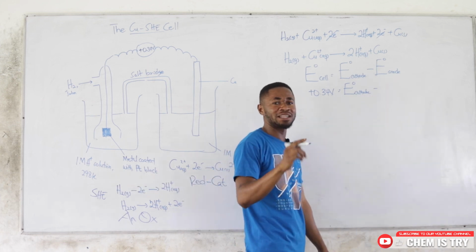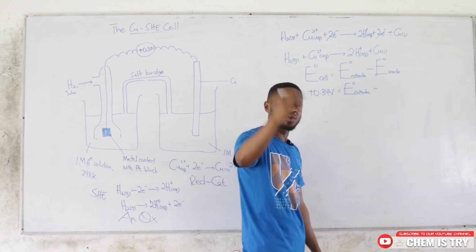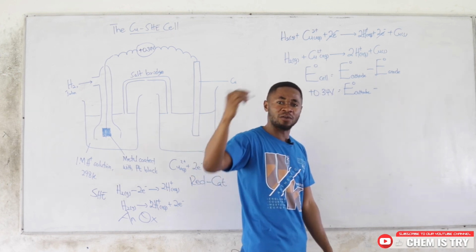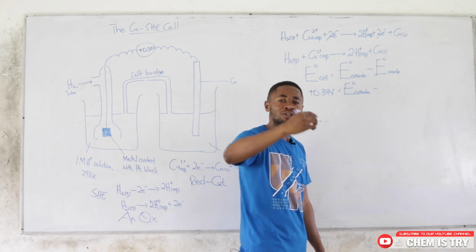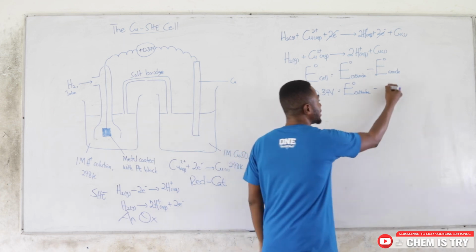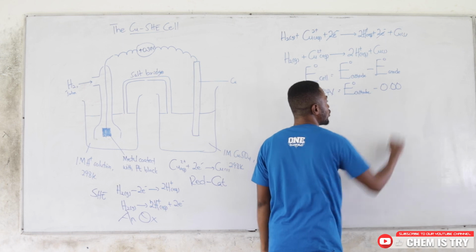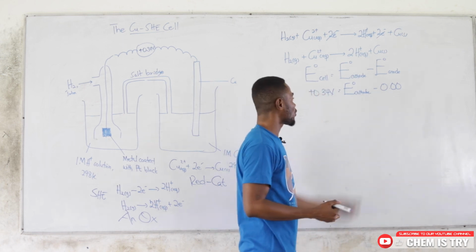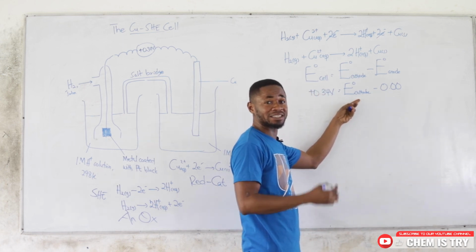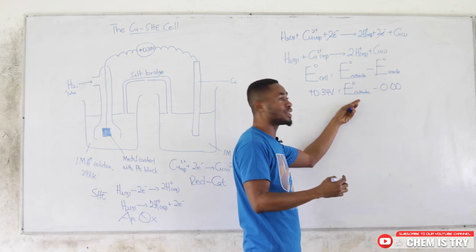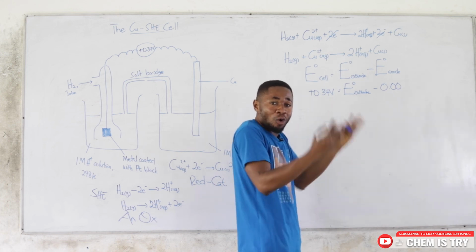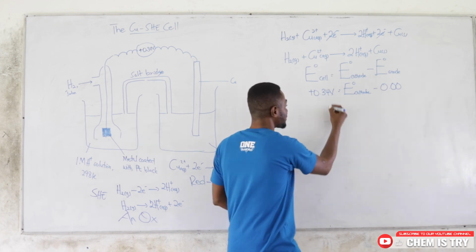And remember, it has been internationally agreed that the SHE as a reference electrode has electrode potential value of 0.00 volts. We can then find the standard electrode potential of our cathode, which is our copper compartment.